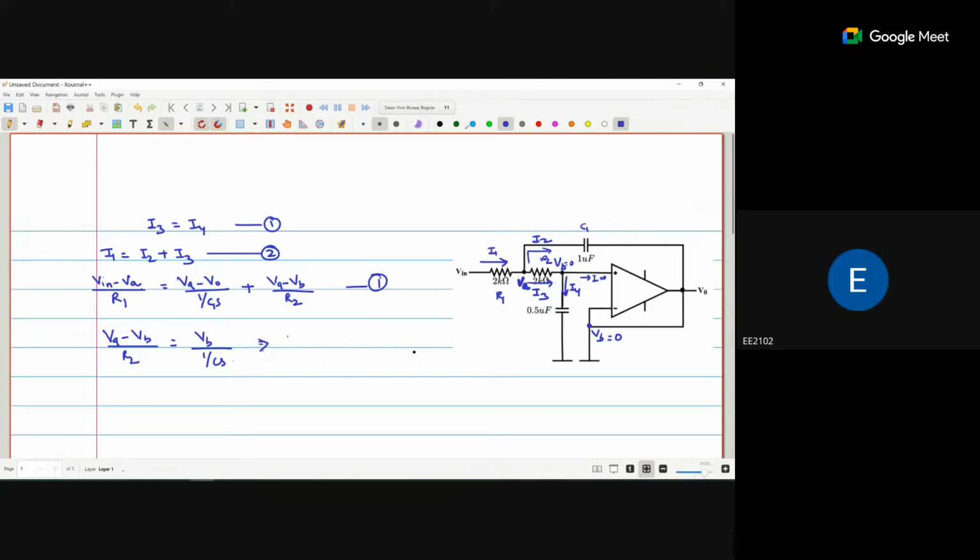So if I solve it, VA upon R2 is equal to VB upon R2 plus VB upon 1 by Cs.